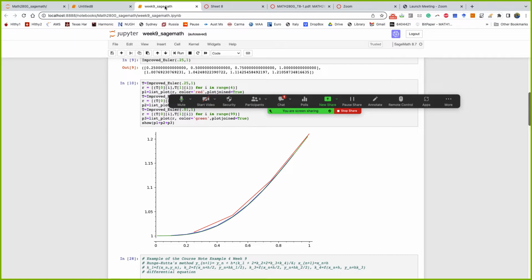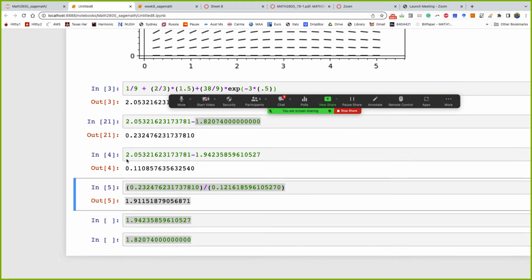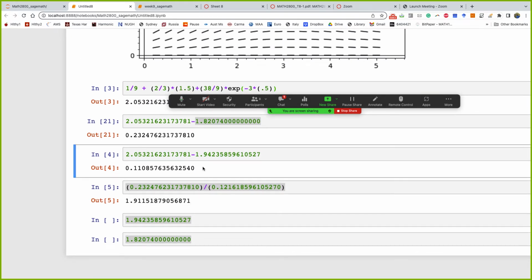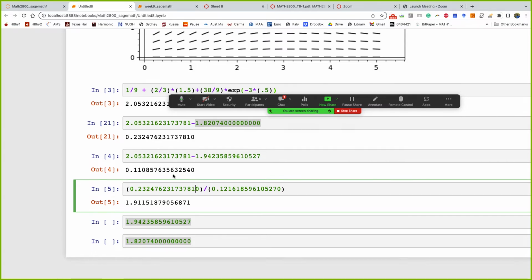Yes, please. Just back on that last notebook. The notebook is on Sage. Just on the division, where did that second term come from? So the first term is the error for 0.1, and the second term is the error for 0.05. Yeah, I see.